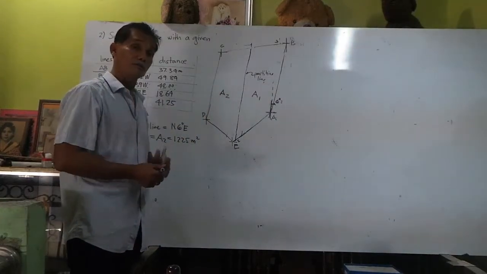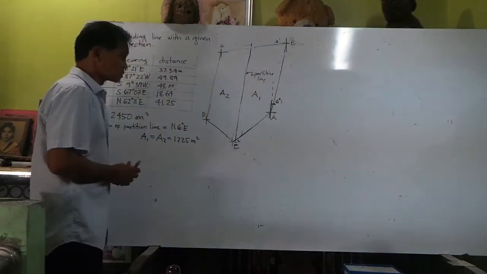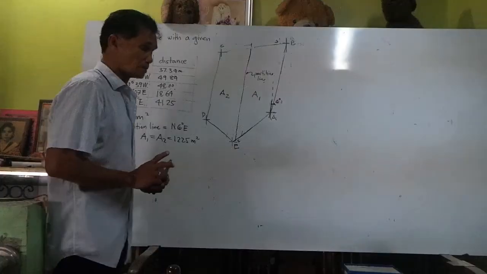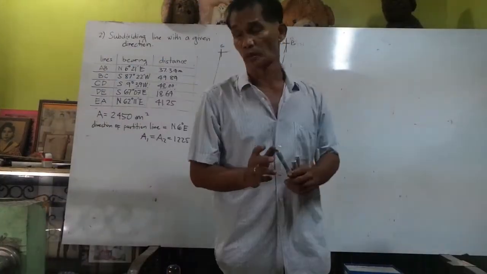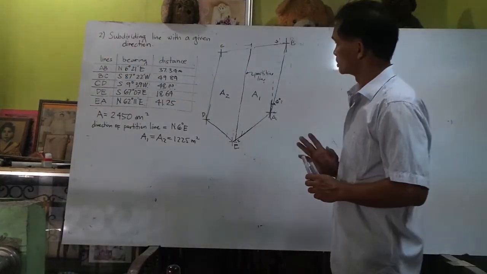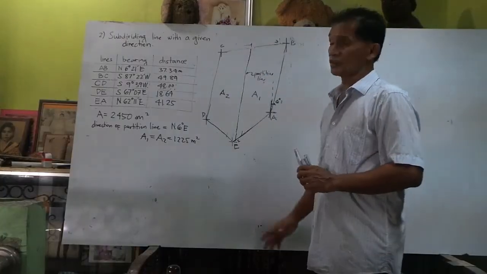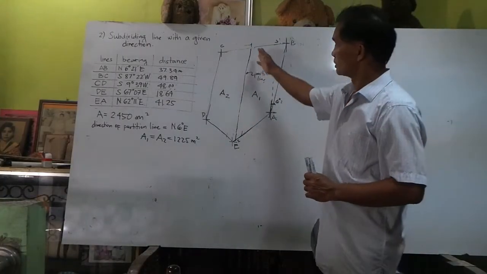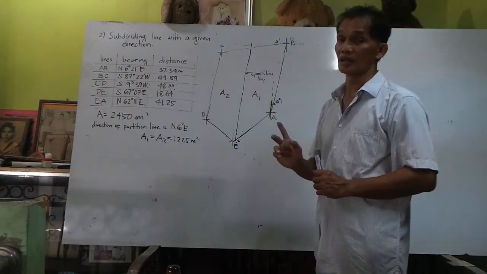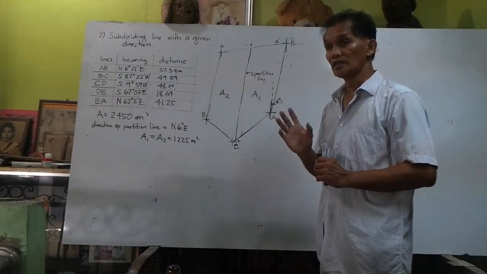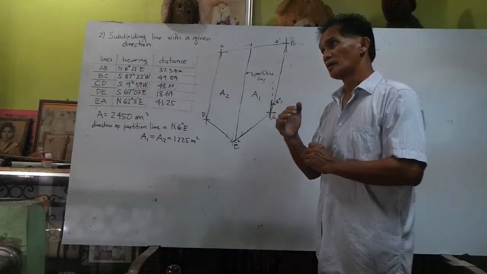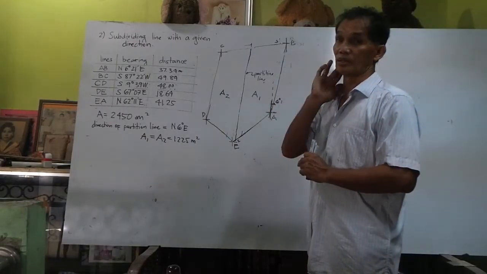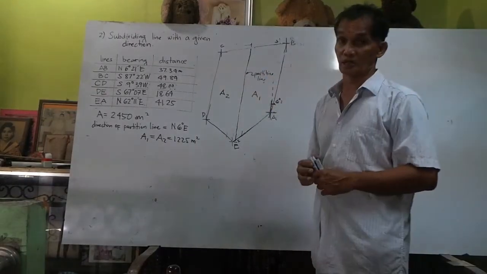So the best way here is that we will try to form a trapezoid, wherein one of the parallel lines is our partition line.